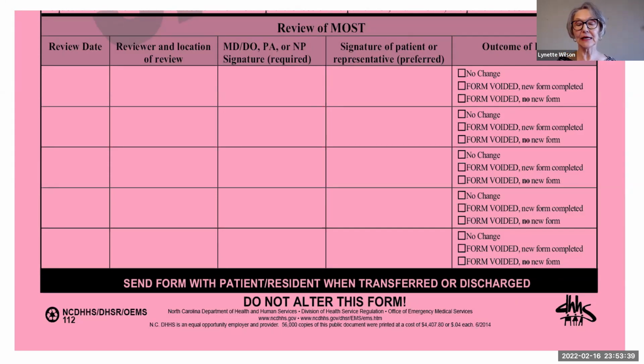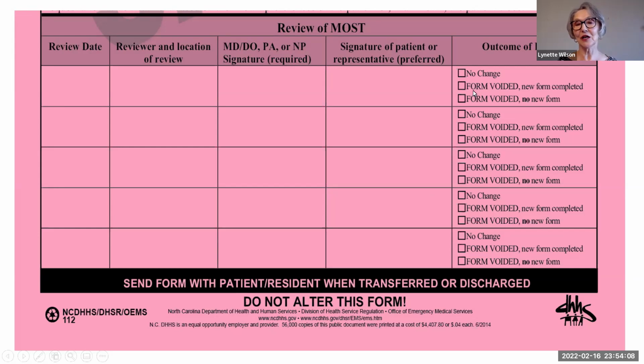One of the things that is encouraged with this form is that it be reviewed regularly as a person's condition changes. Frankly, I'm not sure that a review is what I would want if there were a change, because you're going to take the form if there's a change and rip it up.